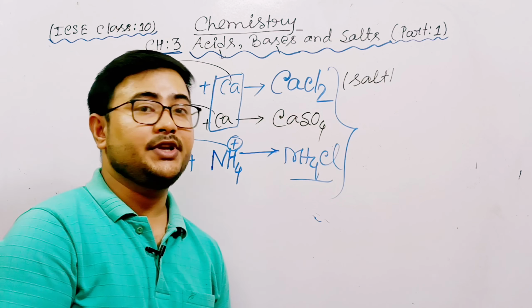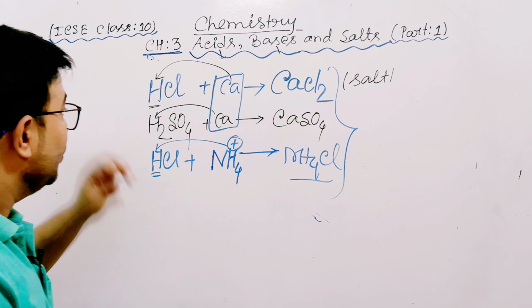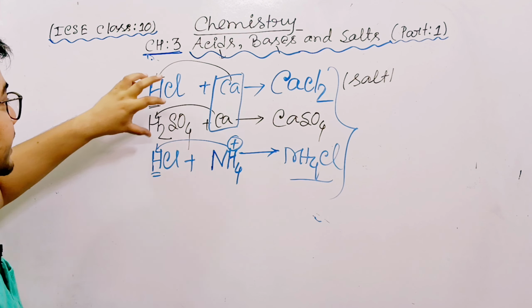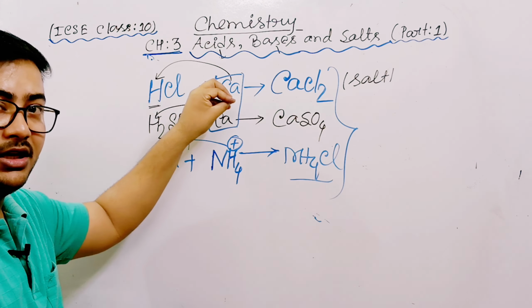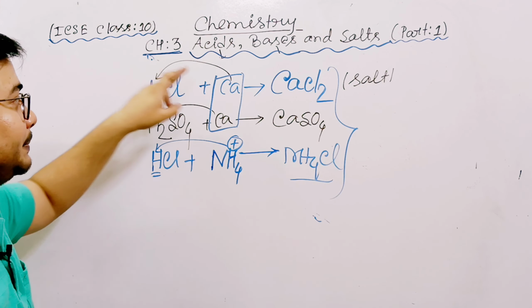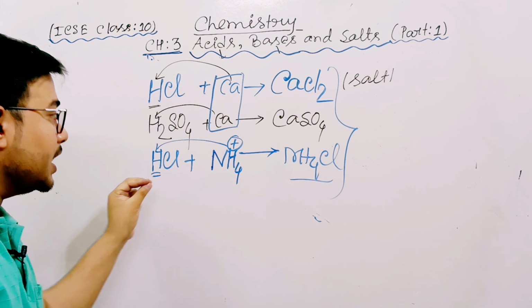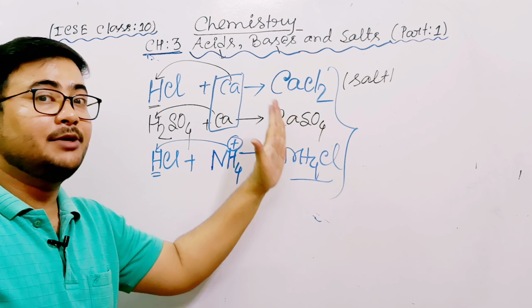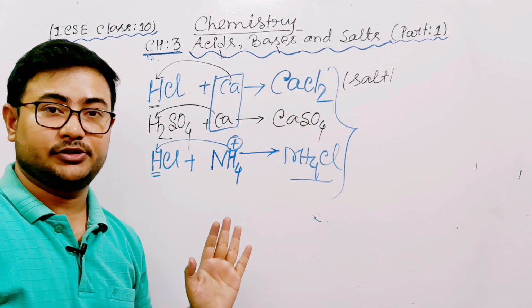So what is the definition of salt? When the H+ ion from an acid is replaced by a metal or a non-metallic ammonium ion, then the compound that is produced is called a salt.